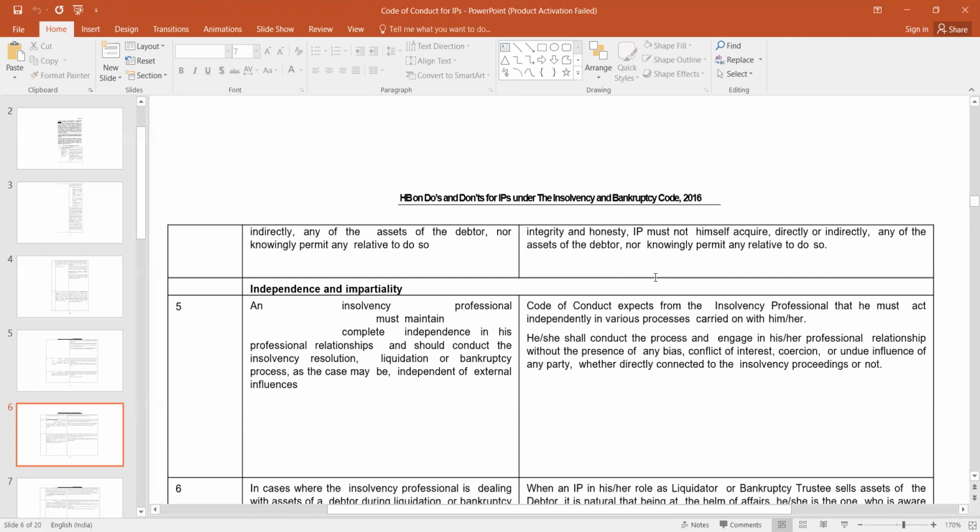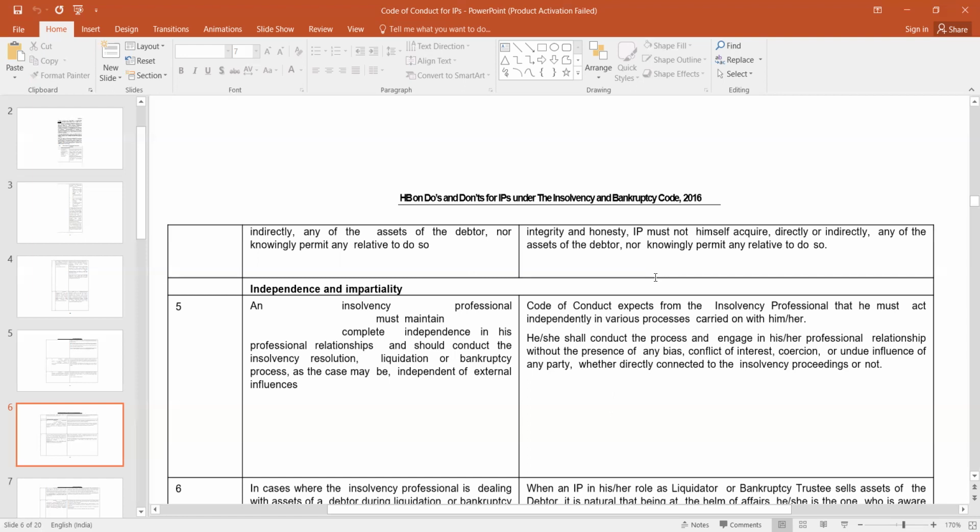Now, next point is independence and impartiality. What are the traits? An insolvency professional must maintain complete independence in his professional relationships and should conduct the insolvency resolution, liquidation, or bankruptcy process, as the case may be, independent of external influences. But all these traits are somewhat interrelated, because we studied all these things in integrity and objectivity also.